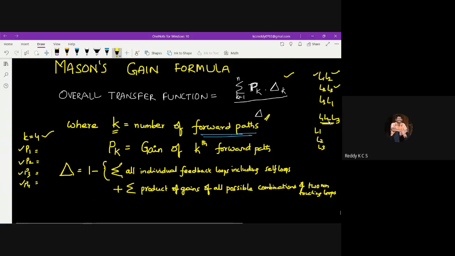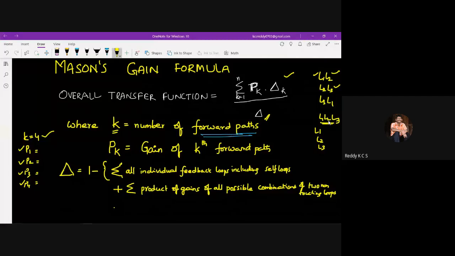Next, we also need one more term. Because the signs alternate, it goes plus, minus, plus, minus.